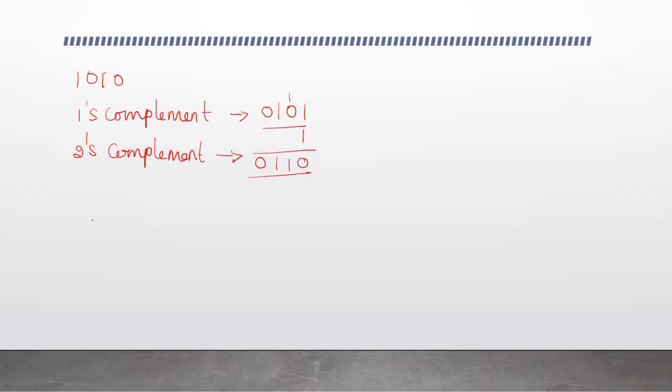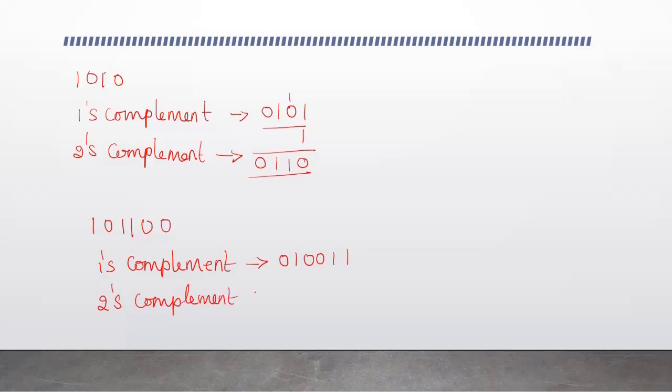To give another example, let's take another number, a binary number 101100, and the 1's complement of this number is 010011, and the 2's complement is by adding 1 to this we get 101010.